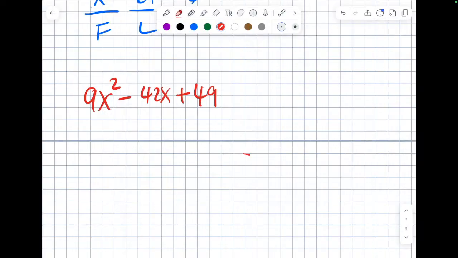Small plot twist. Let's see if anybody can find it. Do you see it? Yeah. I know you see it.